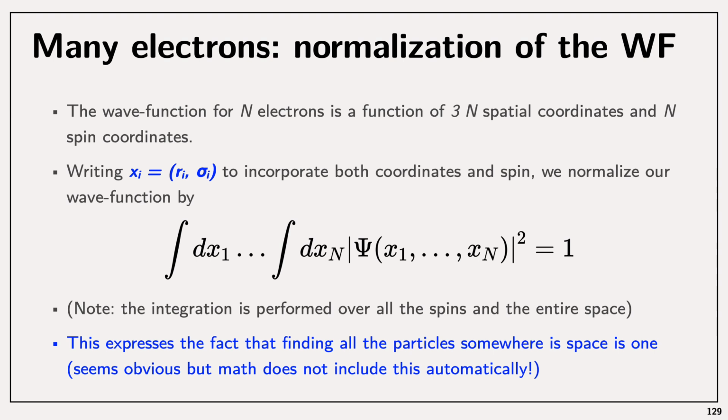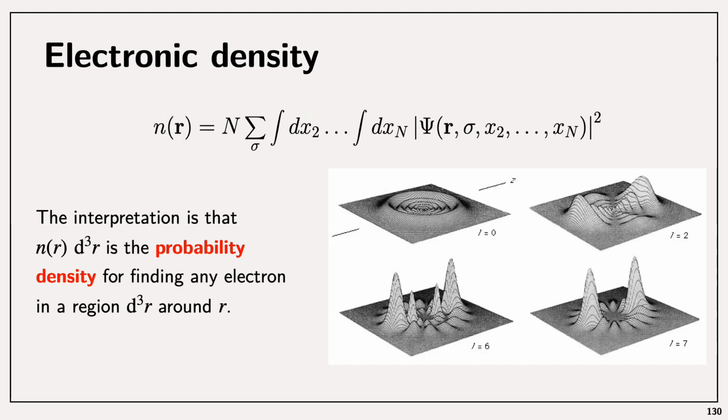Now we can also come up with the electron density. Of course, it's going to be the central variable that we are going to consider more and more as we move forward in this DFT course. And that density is obtained by this equation there.